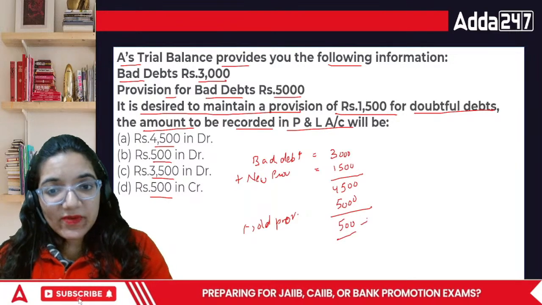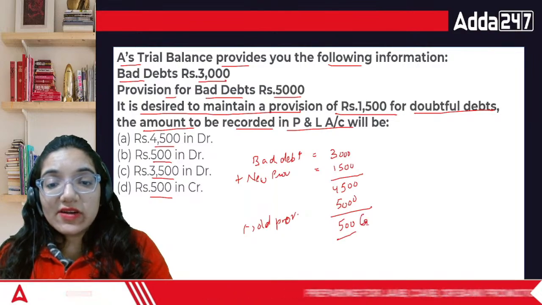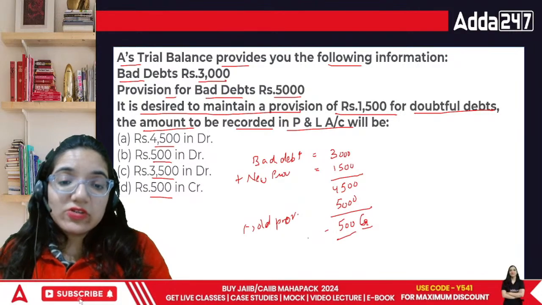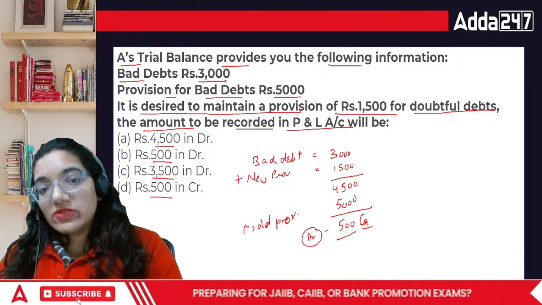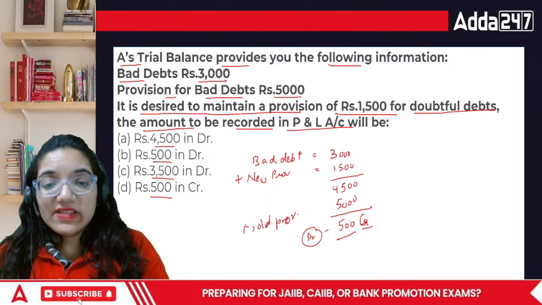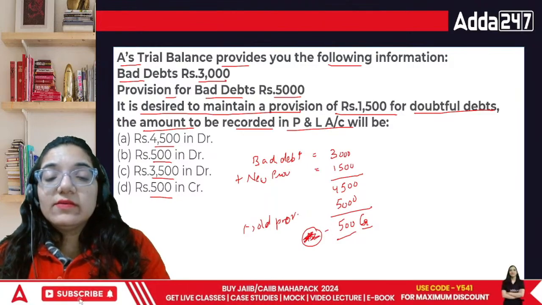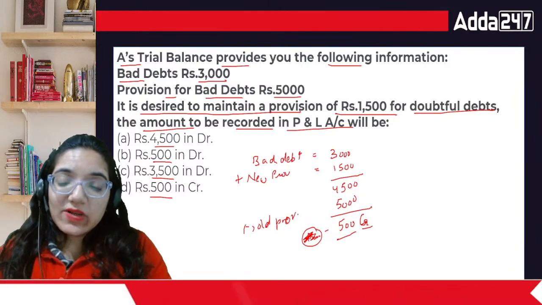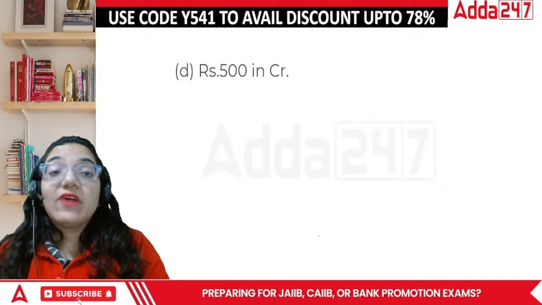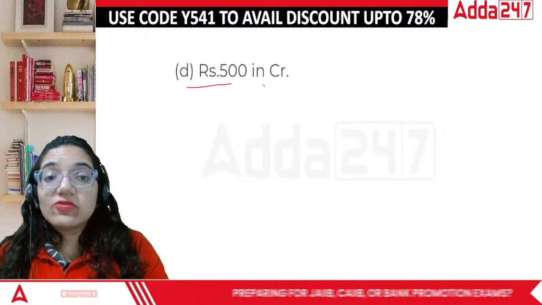We can, right? So this was already in the credit side, but if we want, we can put it on the debit side now to cancel it out. That means in the portion of my profit and loss account, what will I do? The answer is this 500 only, and I'll take it to the credit side.